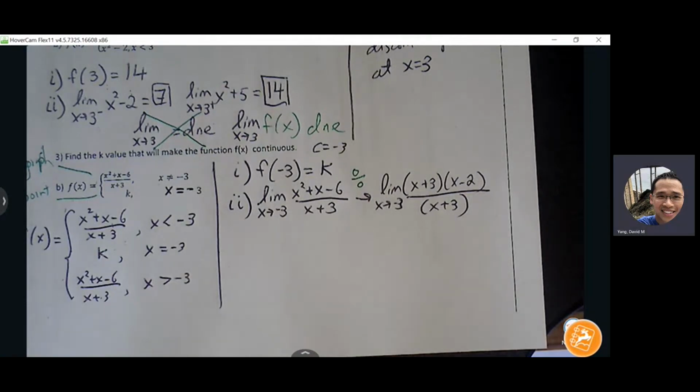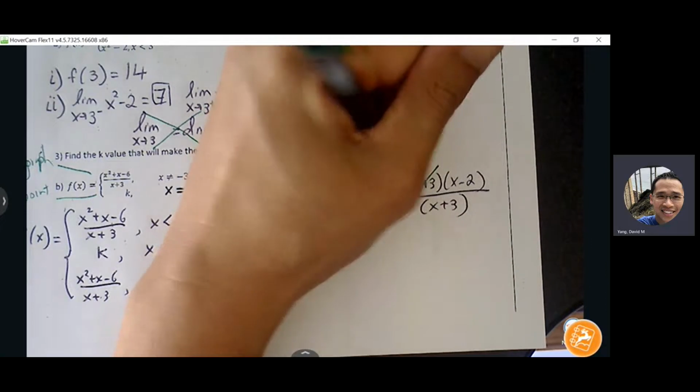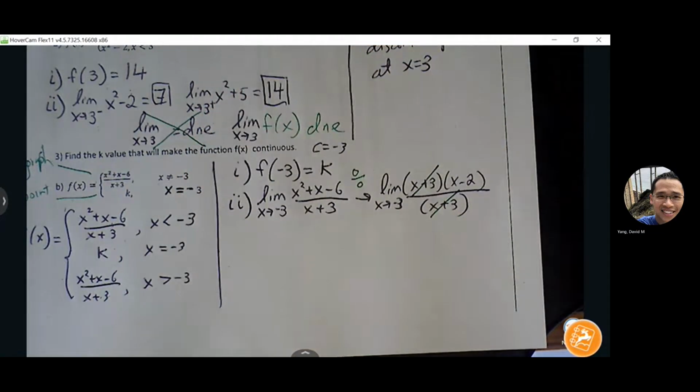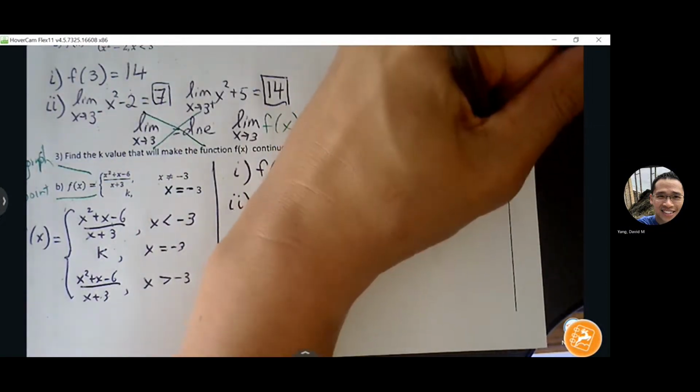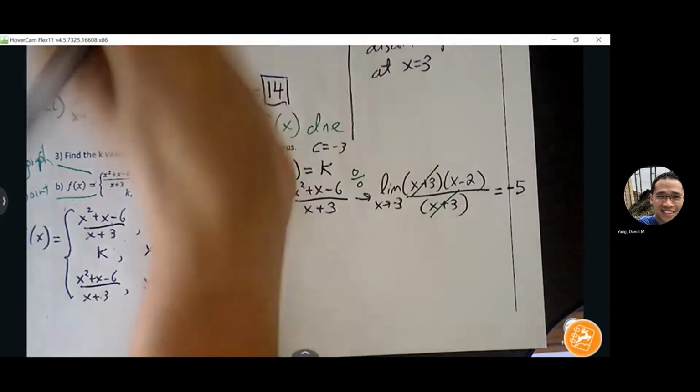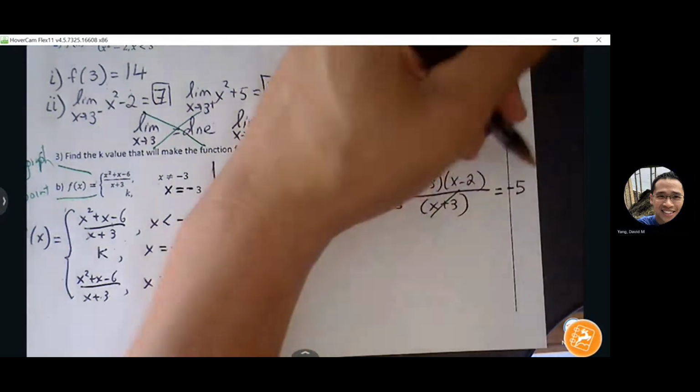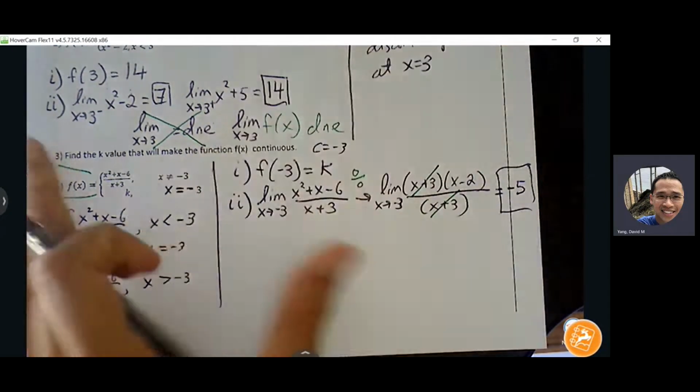You see the hole pop up? Remove it. Reevaluate. What do we get? -5. Okay, did it pass the second condition? Yes. Okay, so we keep going.